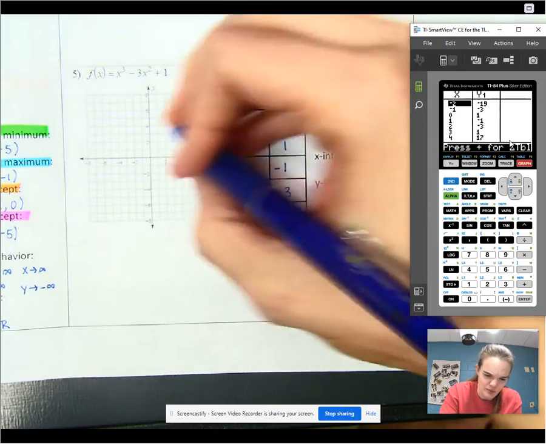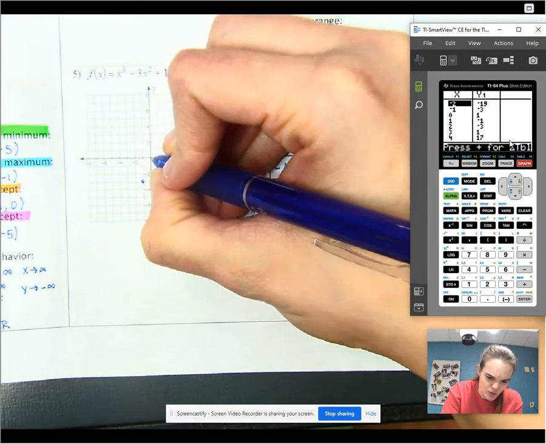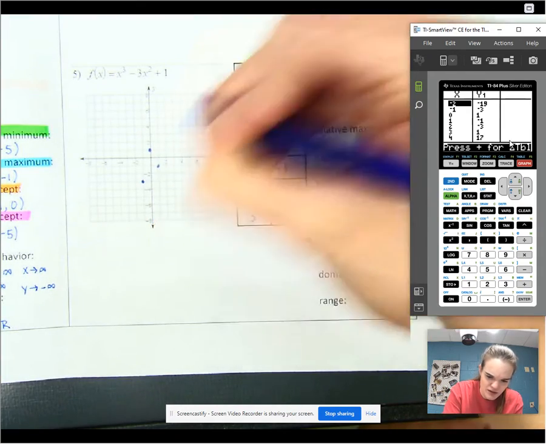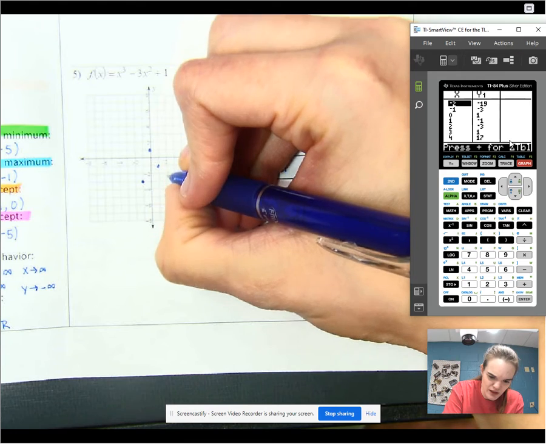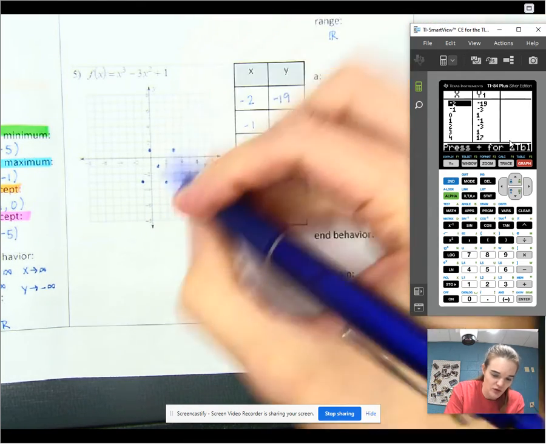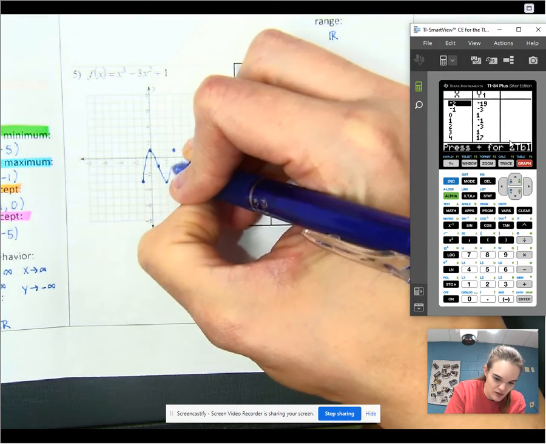We can't graph the first one, but we can graph the rest. It's going to cross the x-axis 3 times. 1, 2, 3.